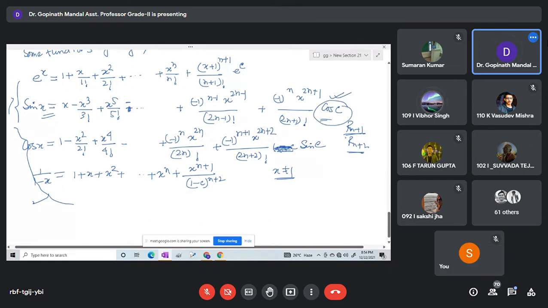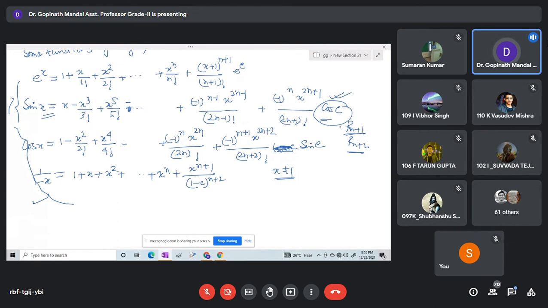But still it's 2n plus 1, so that will always be odd. In that case, this will be x to the power 2n plus 3 by 2n plus 3 factorial. I may ask in your viva the Taylor's expansion of e to the power x, sin x, cos x and this type of expansion.